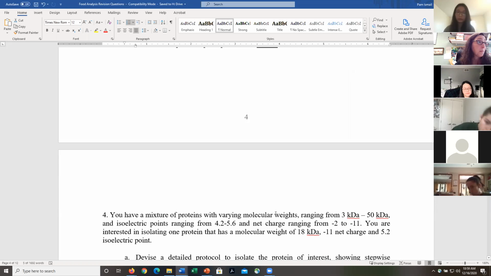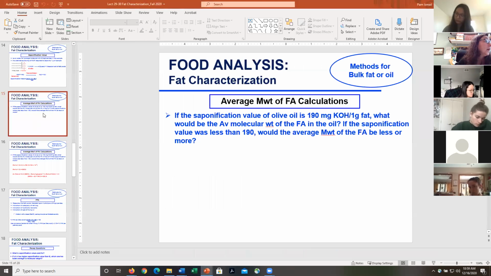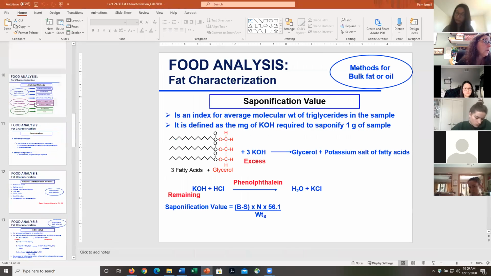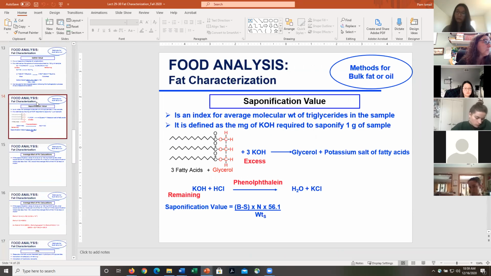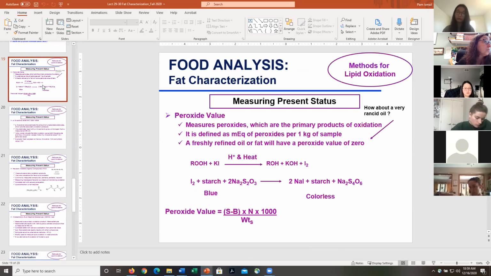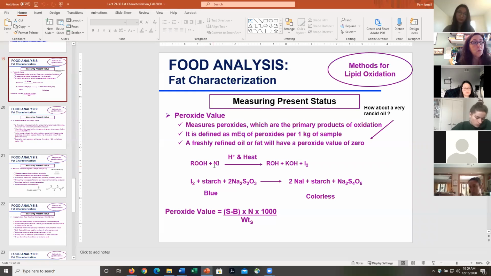Can you just define what an example of a principle would be for that? Yes. If you say peroxide value, how would you determine peroxide value? Let me simplify what you have on the slides. The more peroxides you have, the more iodine is produced because you react with potassium iodide.